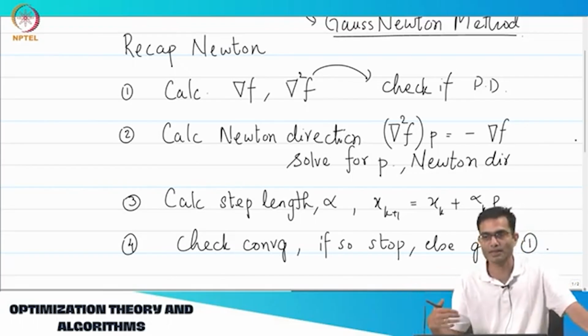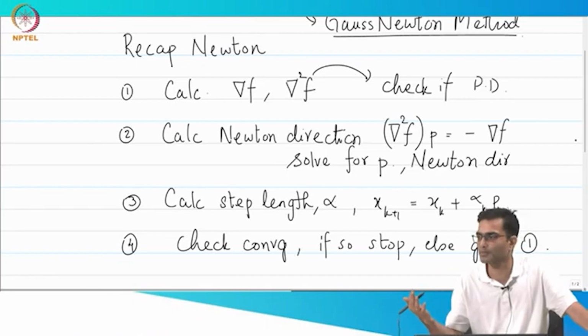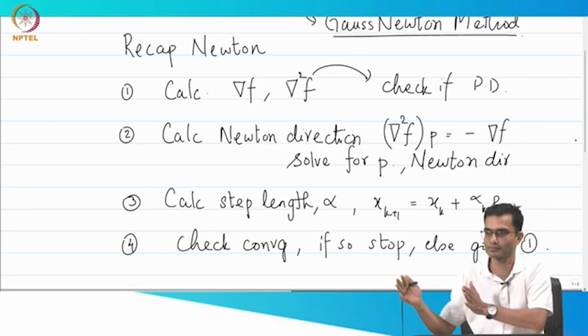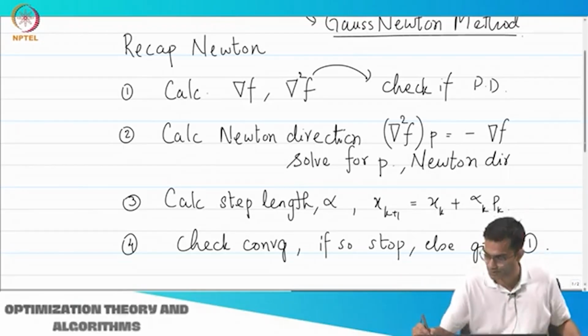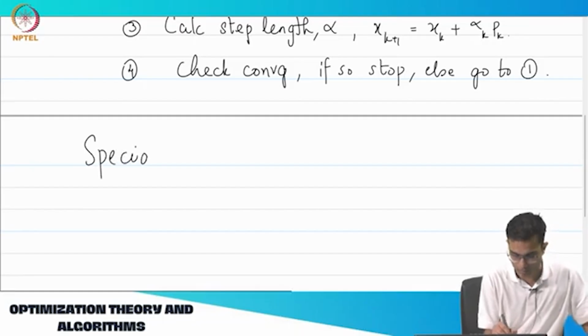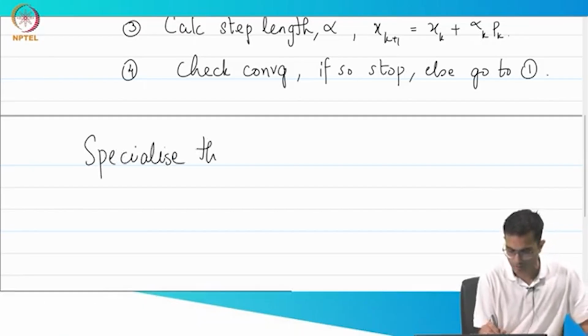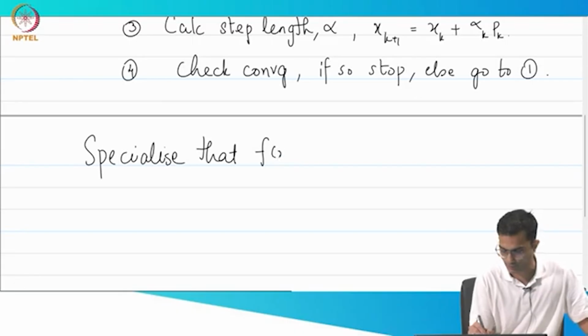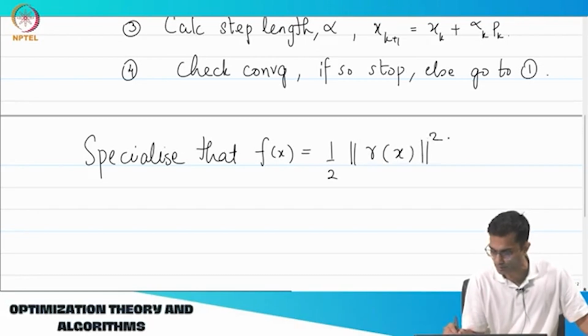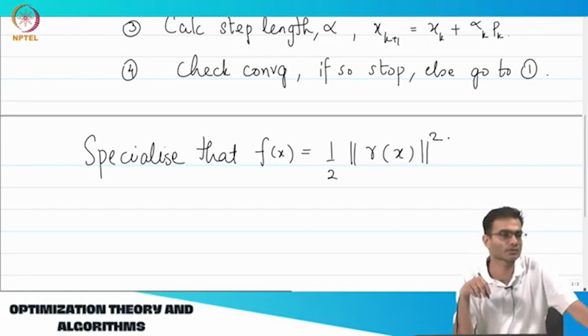Now let's specialize it to the extra information that is being given to you, that f is composed of a sum of squares, right? That's what a least squares problem is. So now let's make the specialization. Specialize that f, we had written it in this form, right? A sum of residual squares.